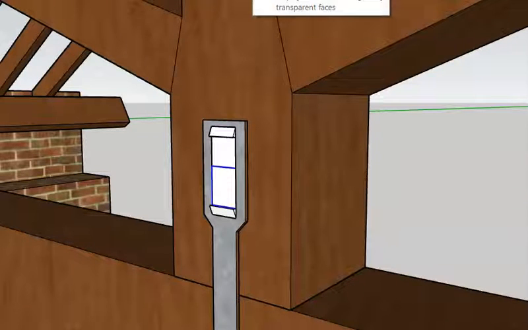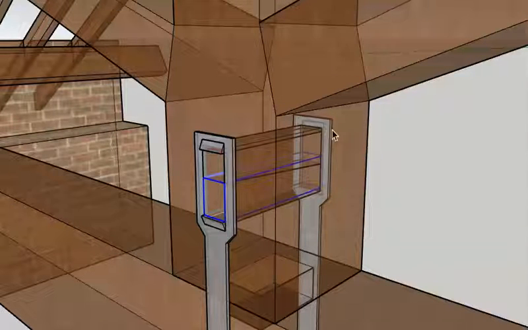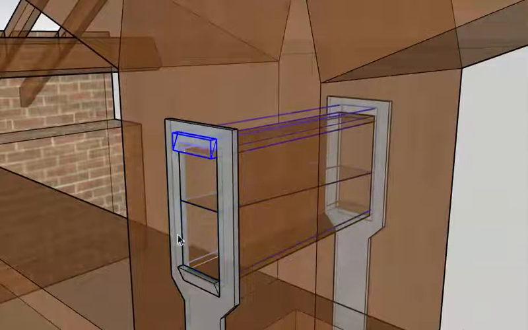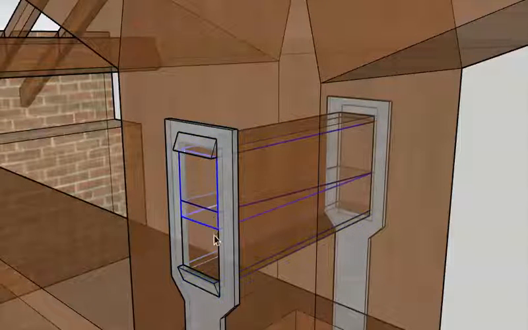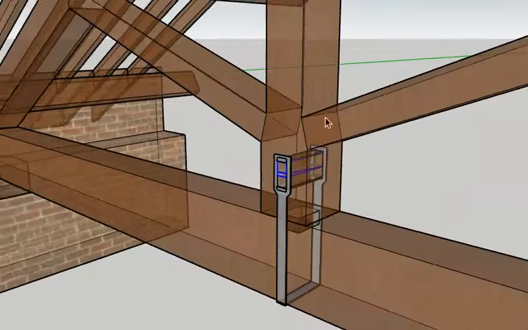So if we look at the X-ray view of the same thing, what you will see is that there is a hole made inside the king post through and through, and these particular members, this one and this one, are placed at the top and the bottom, and in between you will see that these two steel members are inserted. These are the wedges, so you can tighten or loosen the system by using these wedges.